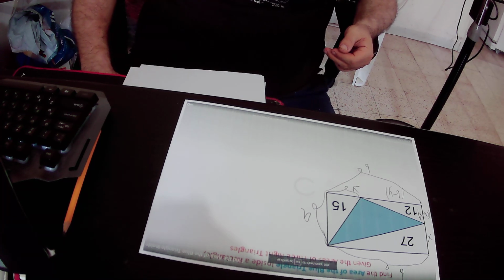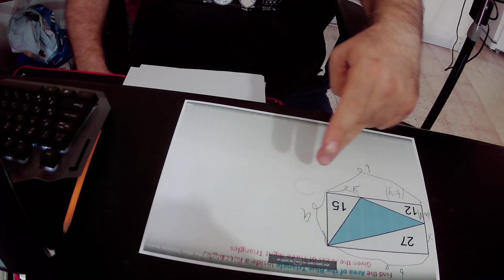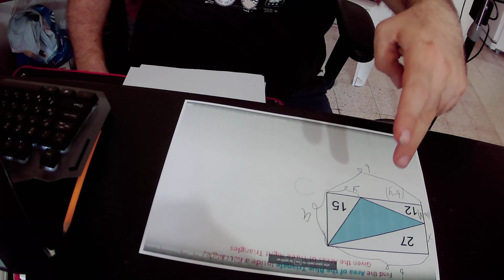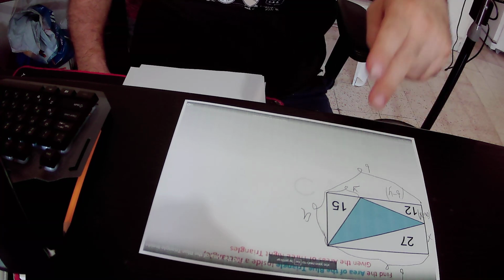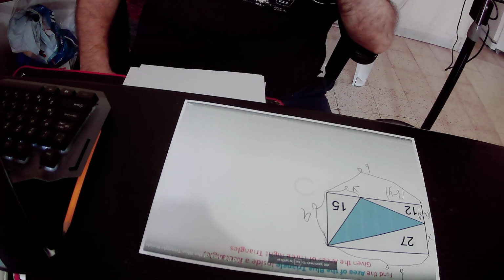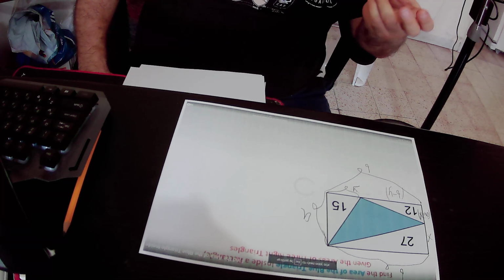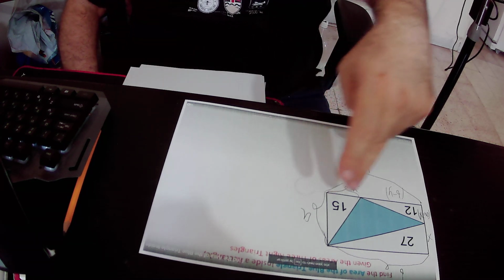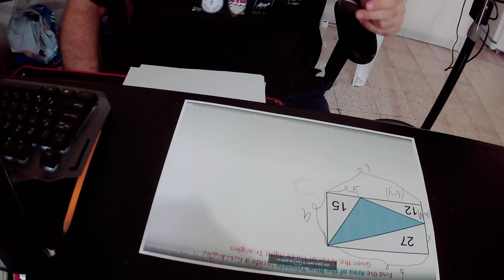In order to get the area of this rectangle, that is A times B, the length of the rectangle times the width of the rectangle, we created three equations, the formulas that calculated the areas of these three triangles.